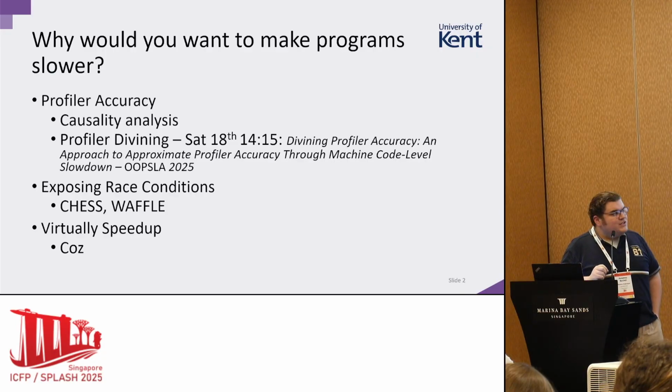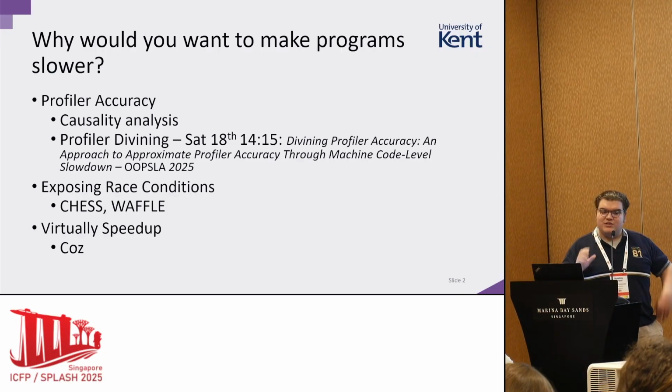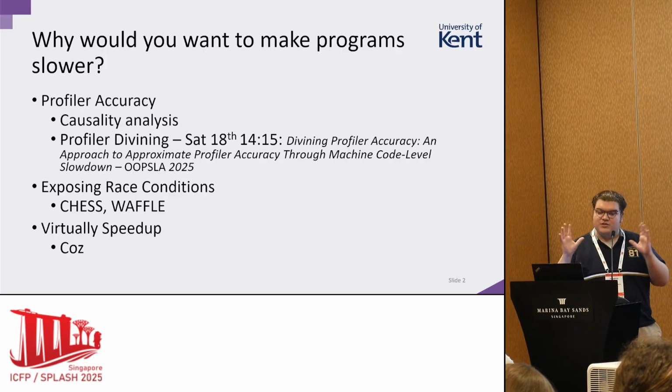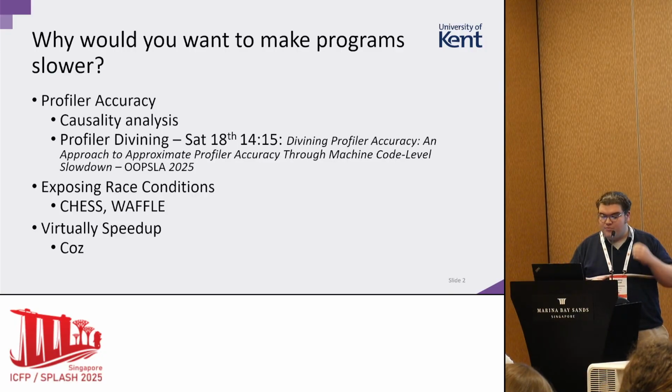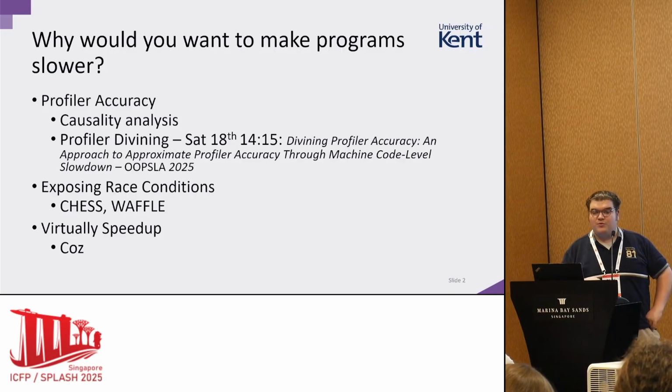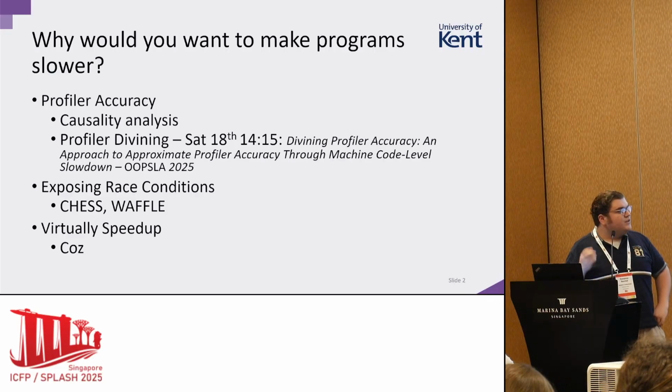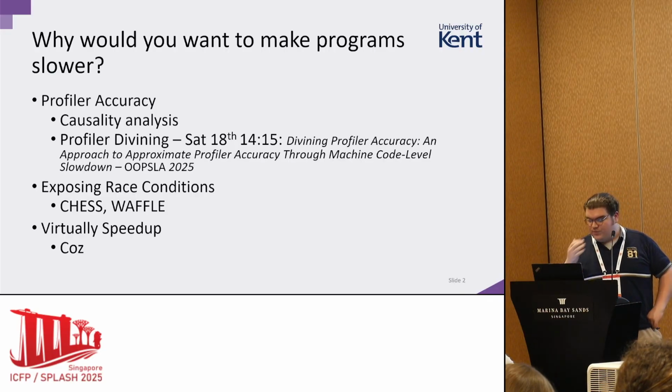Exposing race conditions. It's terribly useful if you can make certain sections of a program run slower than normal, and this can help expose situations where a race condition could occur. Implementations such as CHESS or Waffle use some form of deliberate slowdown to create race conditions or see them. And finally, virtual speedup.